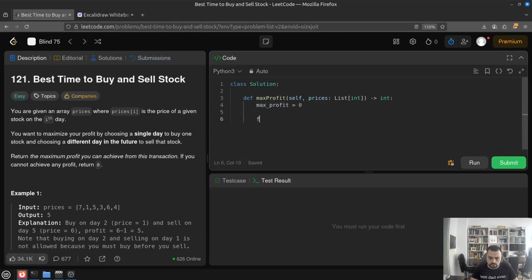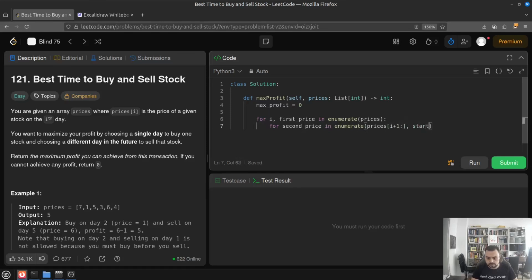And then let's do the two loops. So for first price, and maybe also indices, i, first price in enumerate prices, and then for second price in enumerate prices, but starting from i plus 1.